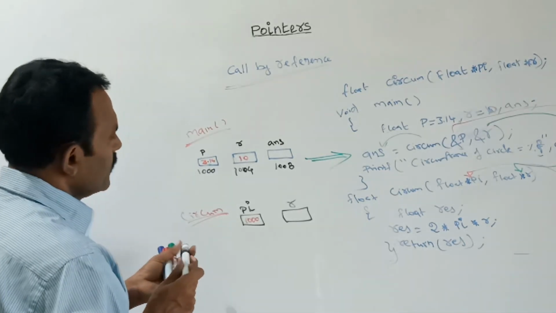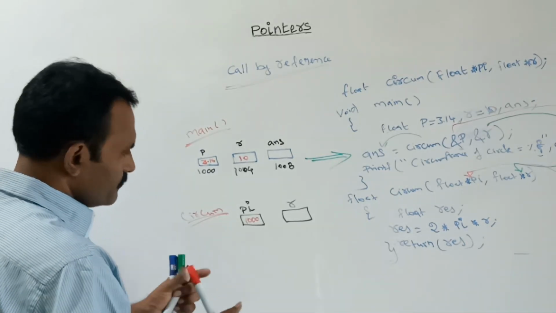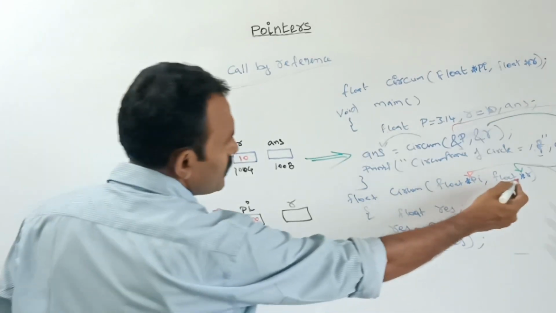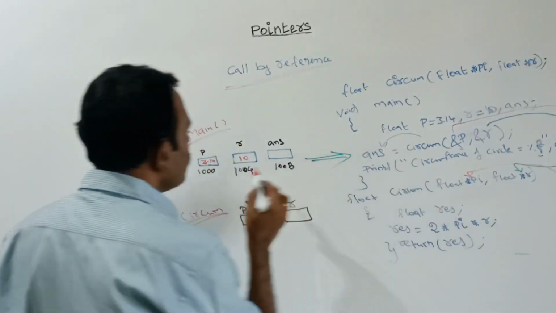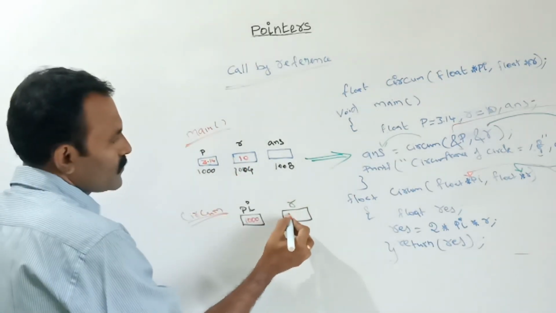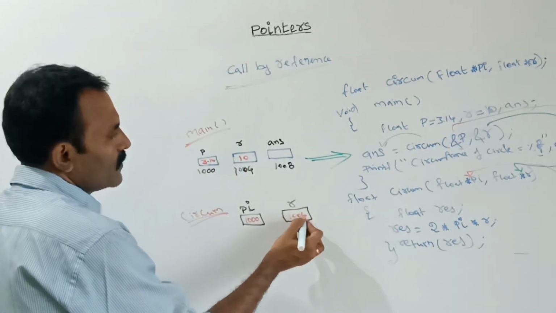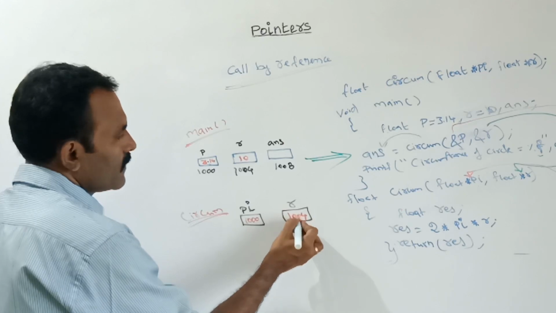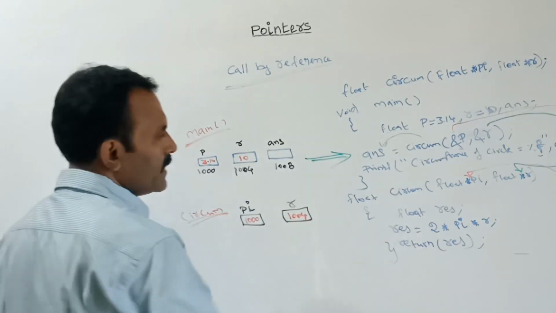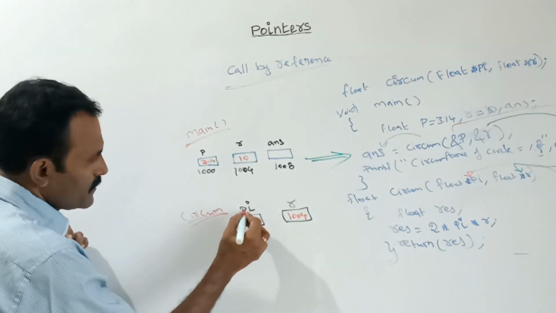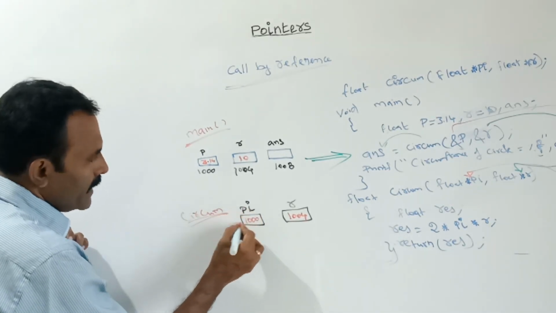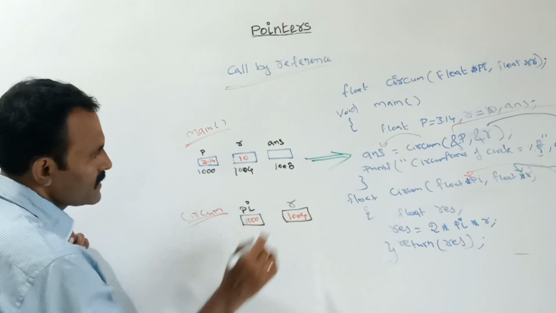It holds the address of r, which is 1004, so 1004 is stored here. Keep it in mind: the pointer variable pi has 1000, and r has 1004.